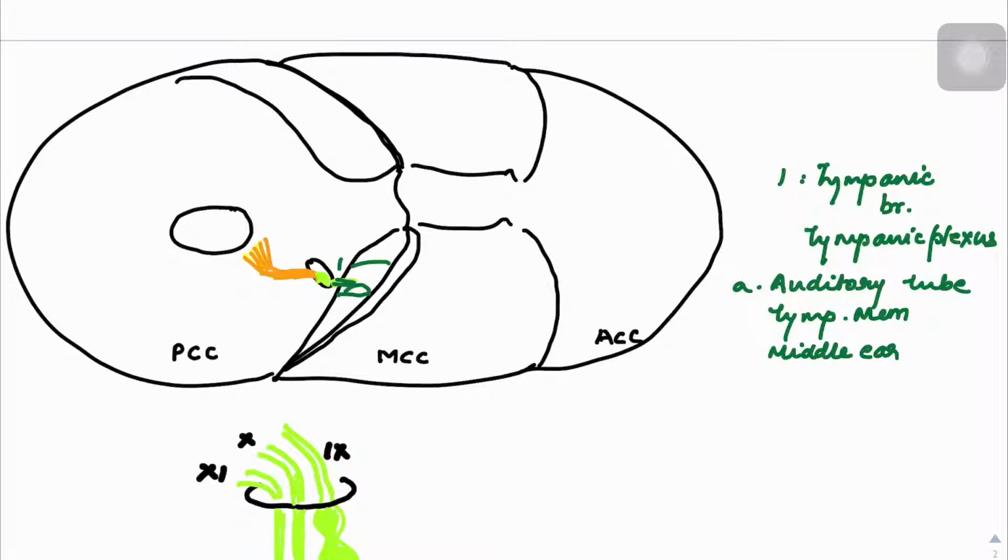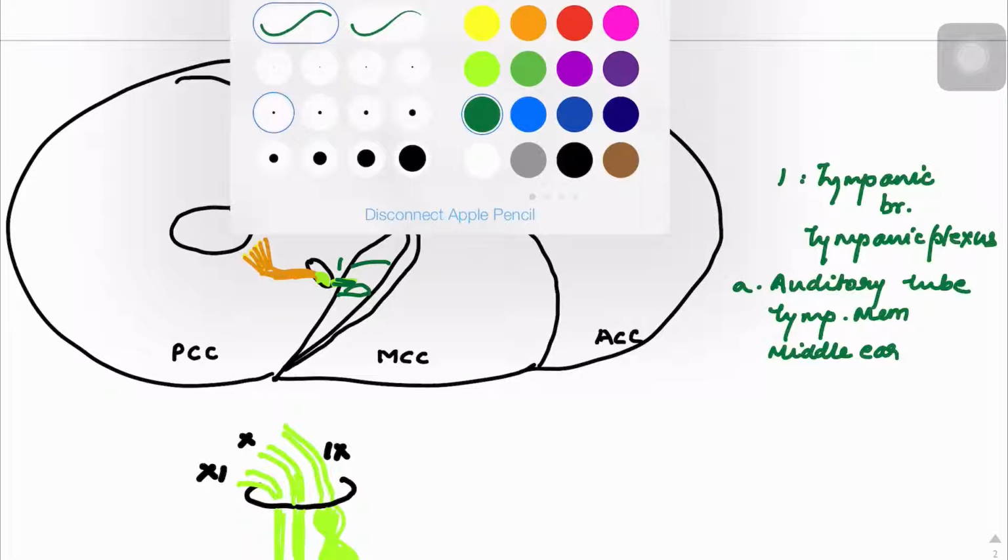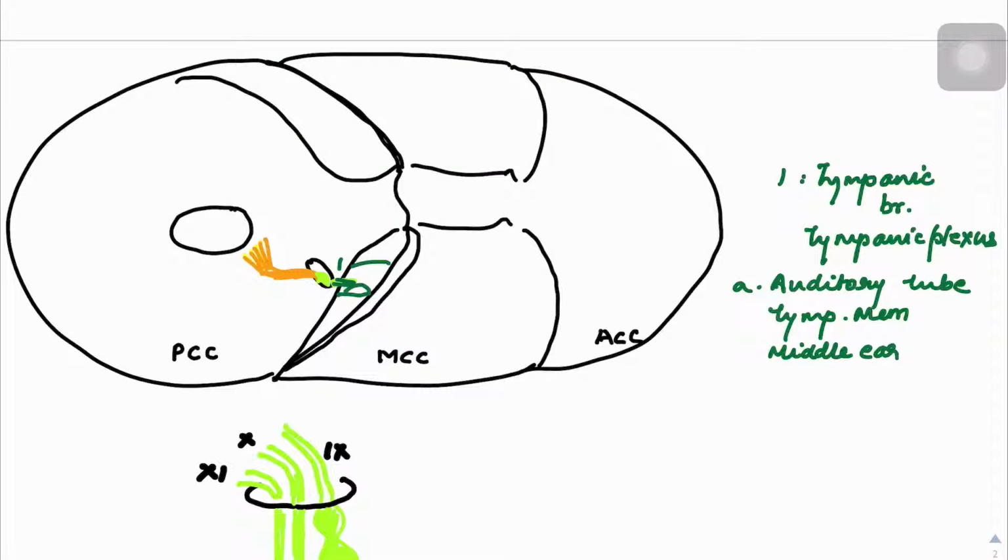After doing so, the nerve will come out from the roof. So I am drawing now again with black color. So this nerve is coming from middle ear, from the roof of the petrous part of the temporal bone, and goes to the middle cranial cavity.